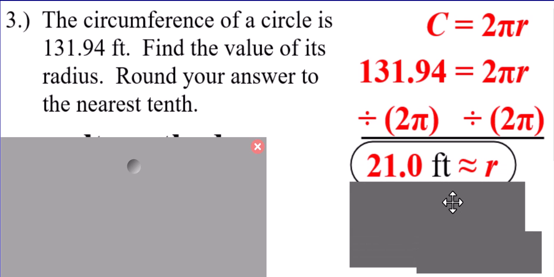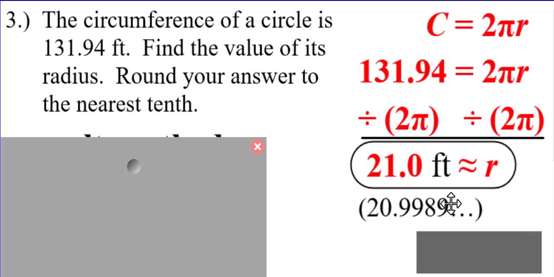Now, if you already tested this in your calculator and it is not giving you 20.9989, etc., then maybe you need to actually hit times between the 2 and the pi. If not, cool. But if it didn't work out, try it again. Maybe hit times between the 2 and the pi. Make sure you're using parentheses.